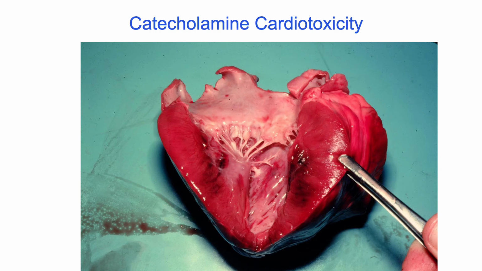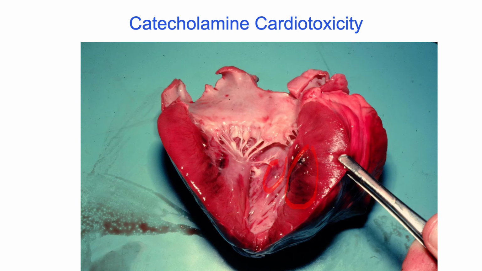Another thing that can happen is catecholamine cardiotoxicity. So this particular heart is opened up and you can see hemorrhages, especially in the subendocardial region of the heart and in the myocardium. And these hemorrhages can be in part related to catecholamine cardiotoxicity.